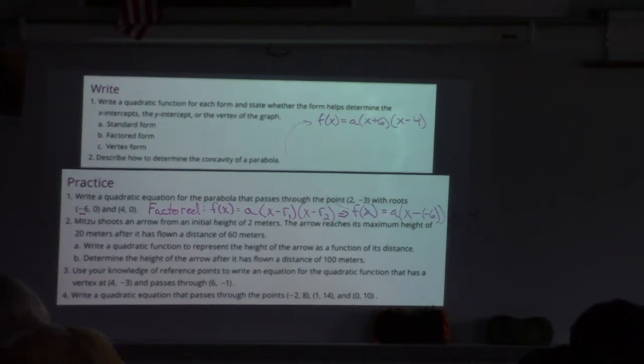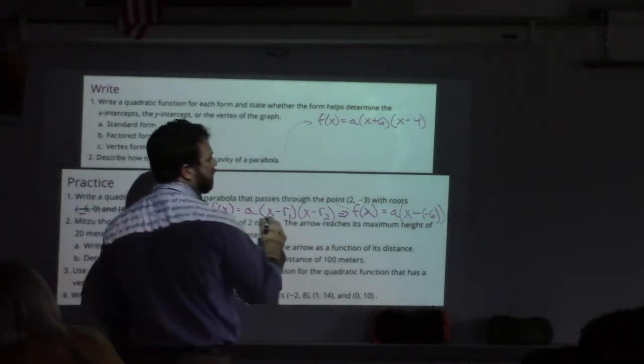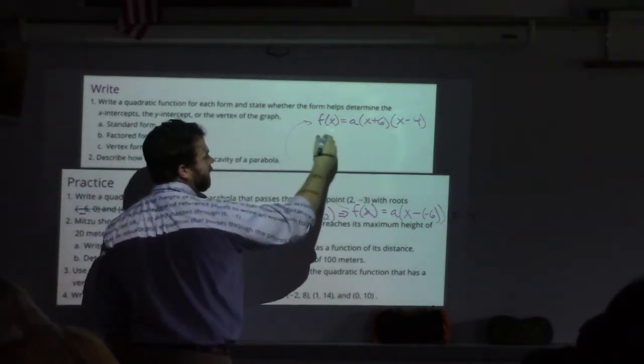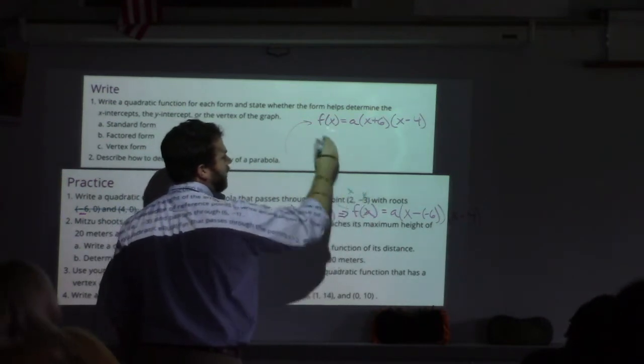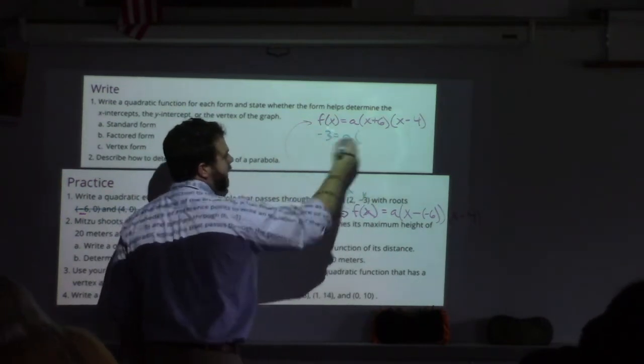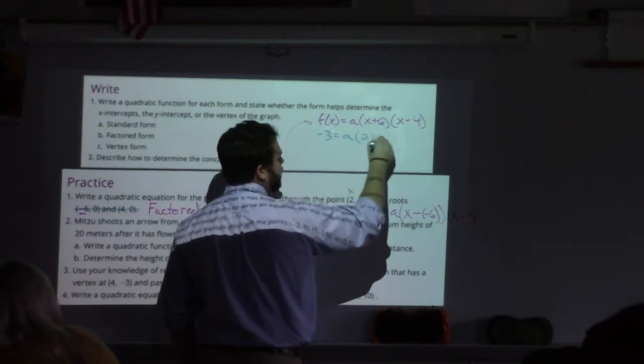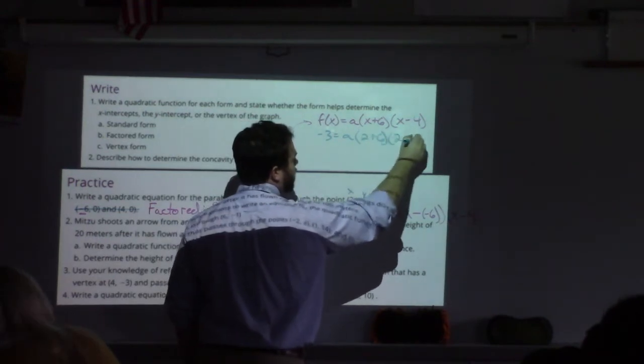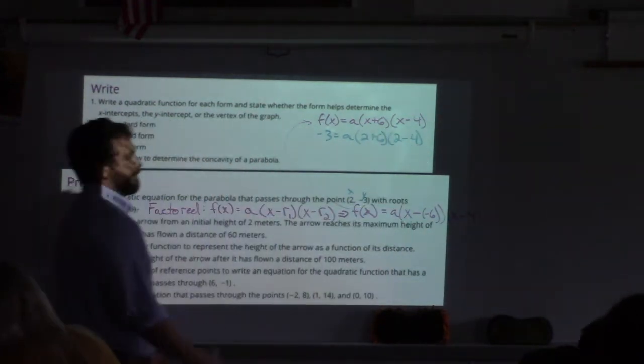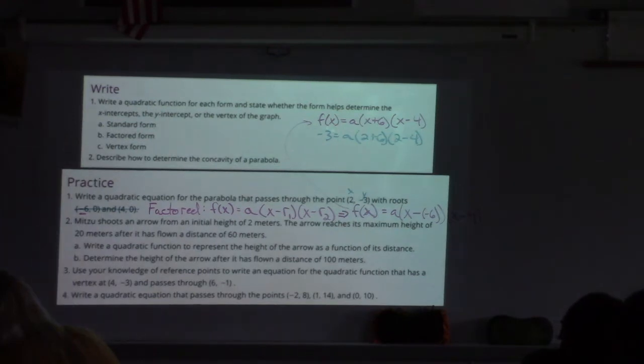Substitute what in? We've already used all of this, we can't use it again. The 2 and x. Okay, what's that 2 going to be substituted in for? X. What's the -3 going to be substituted in for? Y or f of x. So x and y. -3 is equal to a times 2 plus 6 times 2 minus 4. From there, all you got to do is solve for a and you can get your equation.